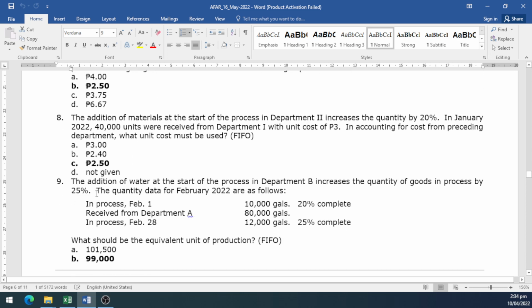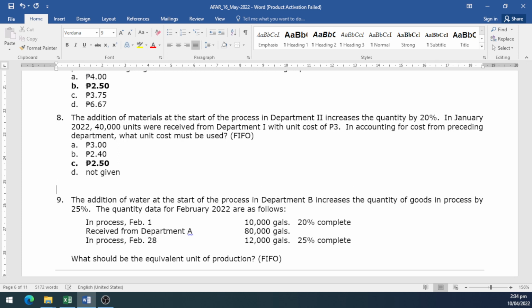So same thing in number 8. The addition of materials at the start of the process in Department 2 increases the quantity by 20%. In January, 40,000 units were received with a unit cost of 3. So ang unit cost na 3 times 40,000, ang cost from previous department dyan, or transferred in cost, ay 40,000 units times 3, that's 120,000.